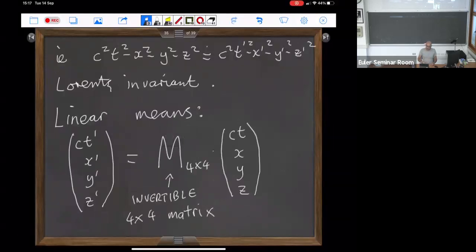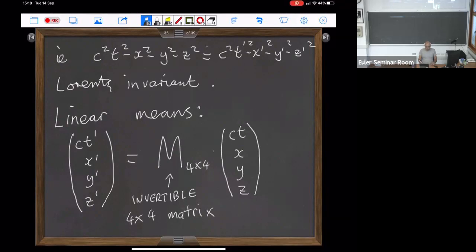In particular, if you make a linear transformation between the primed and unprimed variables, that means just some 4x4 constant matrix. So the matrix will depend on some parameters, but those parameters are not t, x, y, and z, so constant in that sense. It has to be invertible because you want to be able to go from one frame to the other.